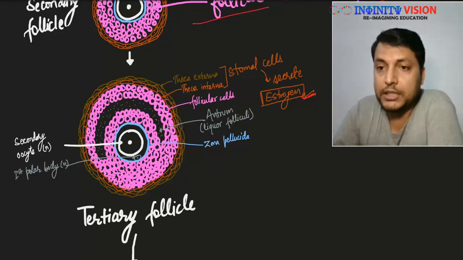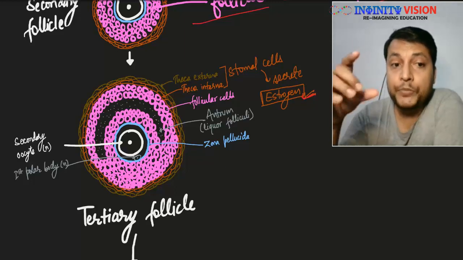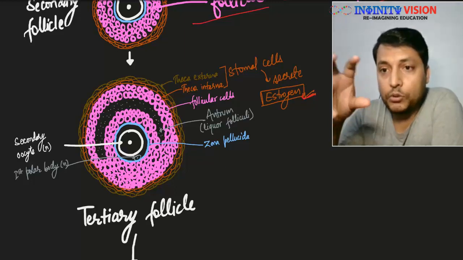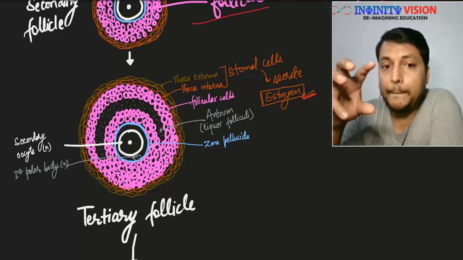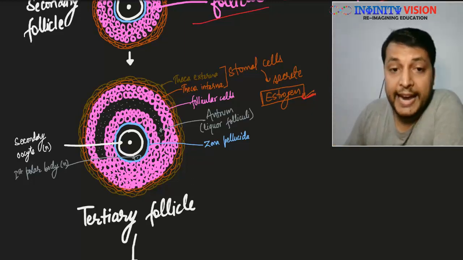And these follicular cells are going to form the membrana granulosa, as we have seen earlier. So those structures are going to persist. However, here in the membrana granulosa, there is a pouch formed, and this pouch is called antrum.